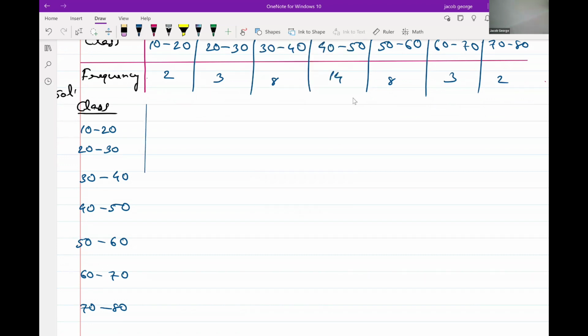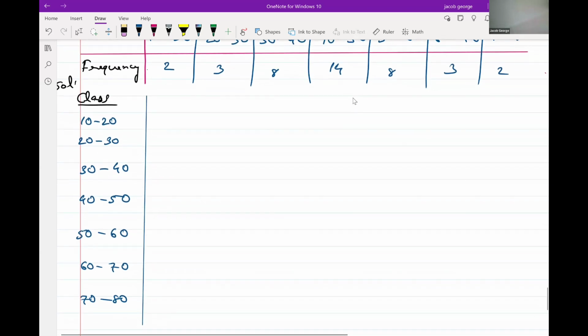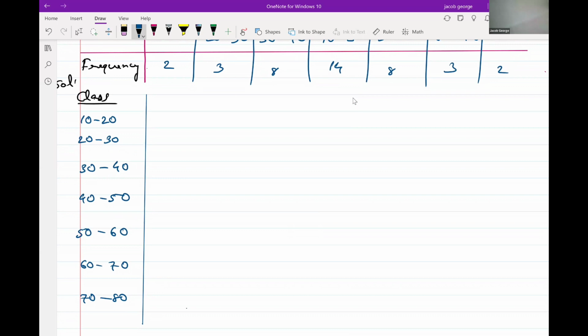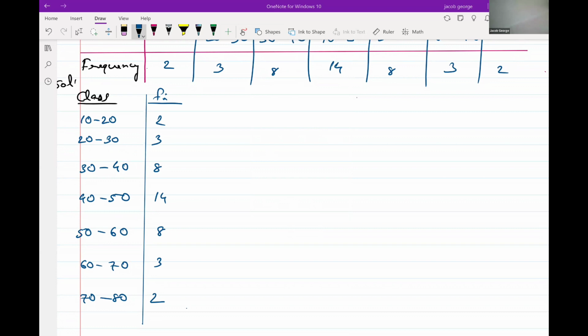Then we write the frequencies, fi: 2, 3, 8, 14, 8, 3, 2. These are the frequencies.